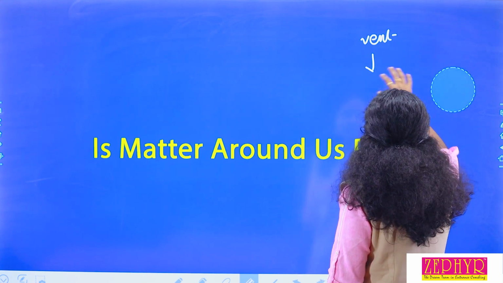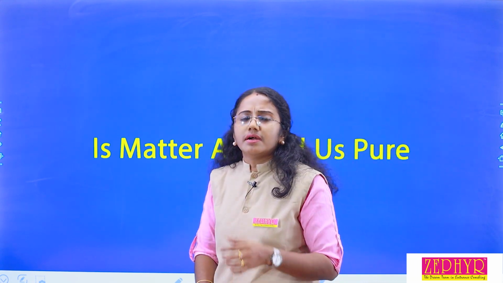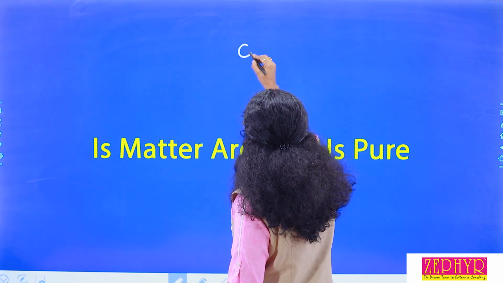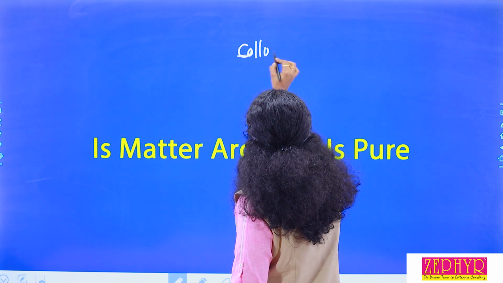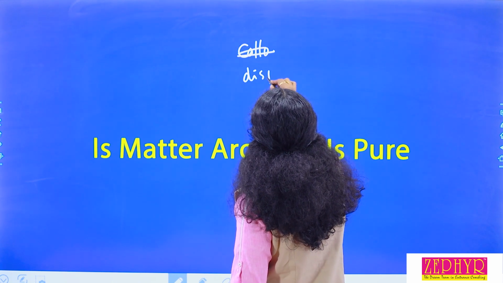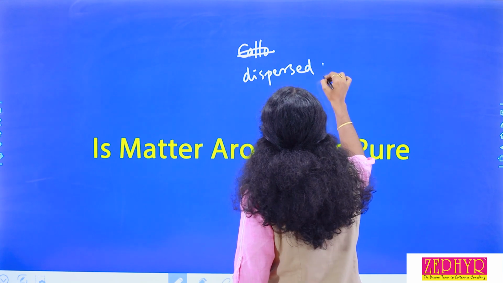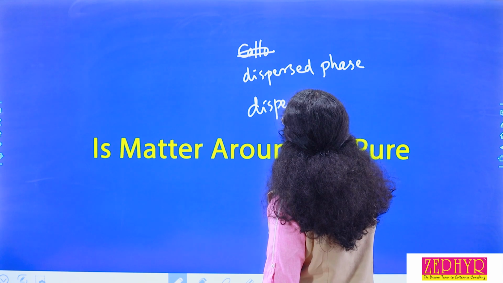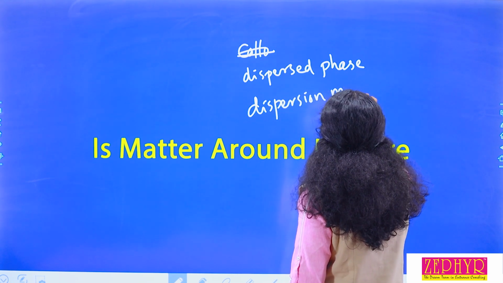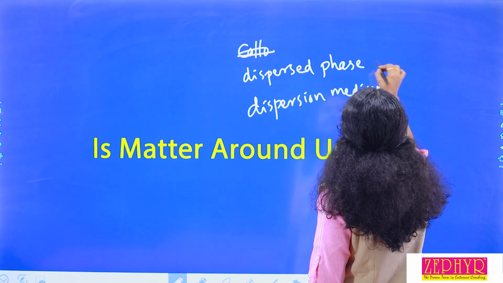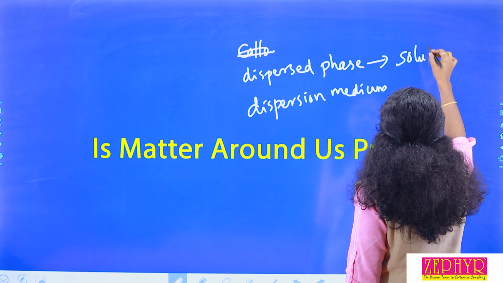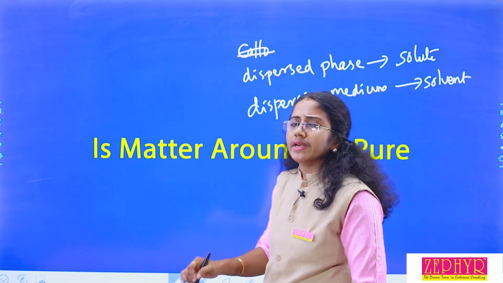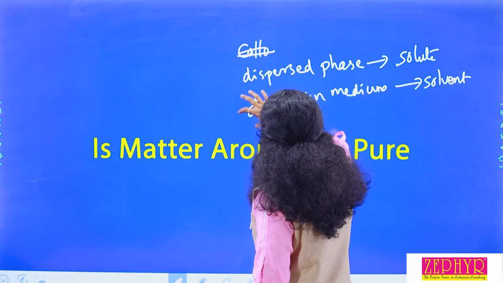Like that, colloids also contain two different components: the dispersed phase and the dispersion medium. Dispersed phase is like solute, and dispersion medium is like solvent.